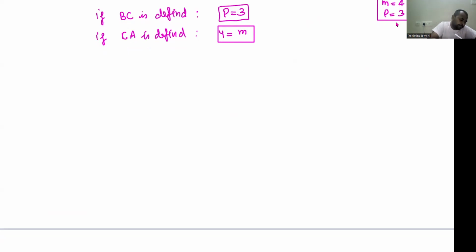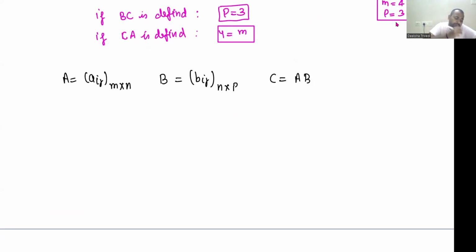Suppose I am saying matrix A, Aij of order M cross N, and matrix B, Bij of order N cross P. Now C is equal to AB.